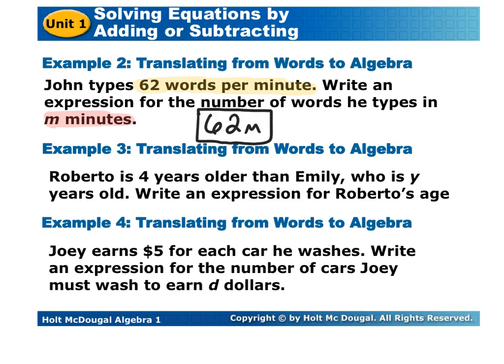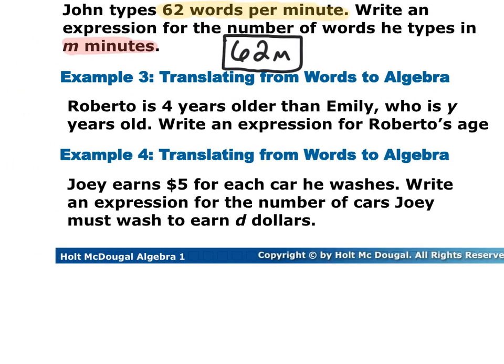Okay? Now, let's do one more together, and I'm going to let you do the last one on your own. Okay? It says, Roberto is 4 years older than Emily, who is Y years old. Write an expression for Roberto's age. Okay? Well, what do we know about Roberto? He is 4 years older than Emily, but how old is Emily?